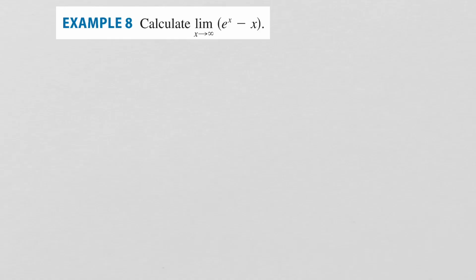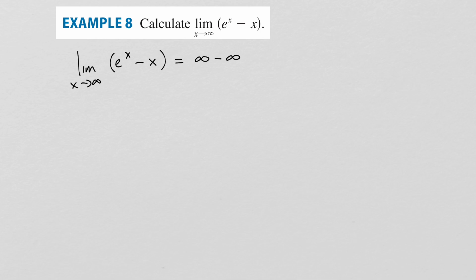Next, let's consider a special example. Here we have the limit as x goes to infinity, e to the x minus x, which is clearly infinity minus infinity. But notice that this time there really is no way to combine these together, right? So there's no denominator to speak of to combine fractions like we did in the last problem.